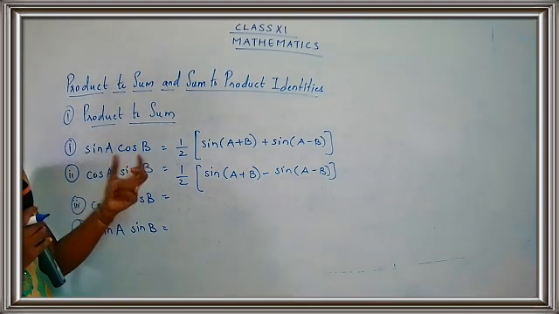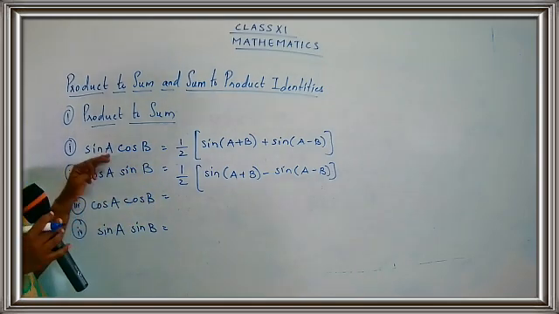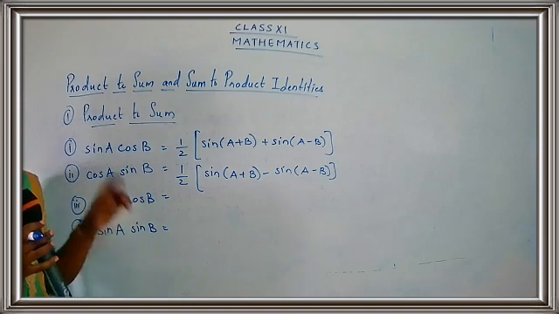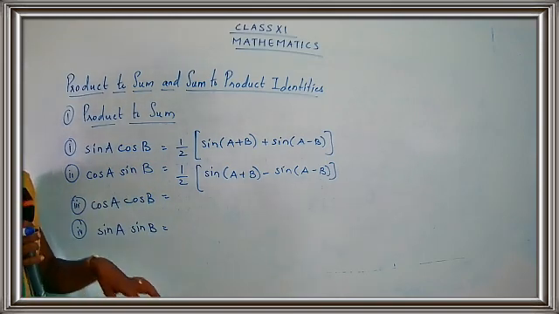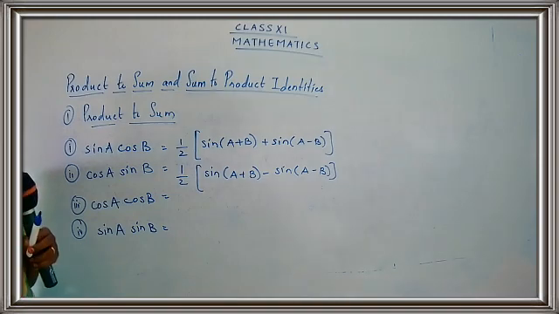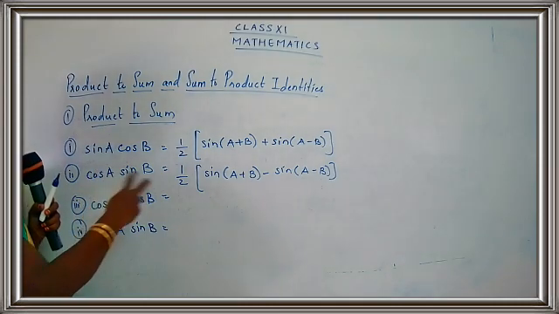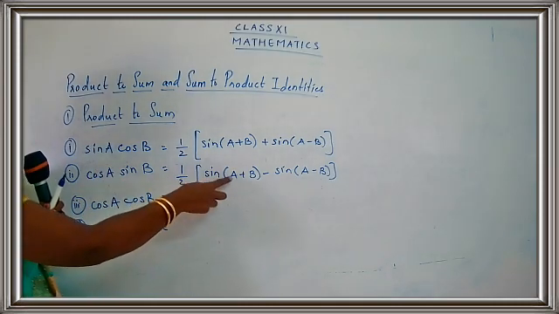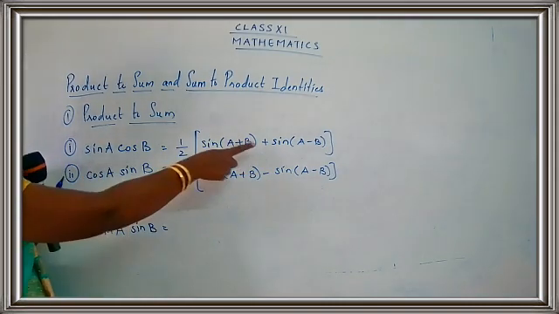It's sin A cos B. When you have two functions, like sin cos, cos sin, when you have sin cos, you write it as half of sin A plus B plus sin A minus B. What is the formula, children? It's half of sin A plus B plus sin of A minus B. And when the functions are different, okay children, half of sin A plus B minus sin A minus B. So if you have sin first, you put a plus sign.